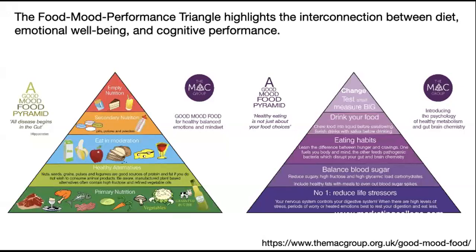So there's a load of things that you can research to find the balance between diet, emotional well-being, and cognitive performance, loads and loads of resources. One that I found, which was very, very interesting from macgroup.org.uk, is the good mood food triangle, the food mood performance triangle that they talk about.